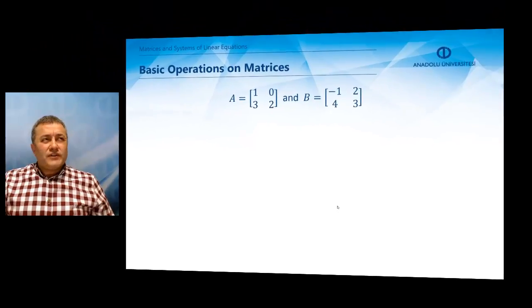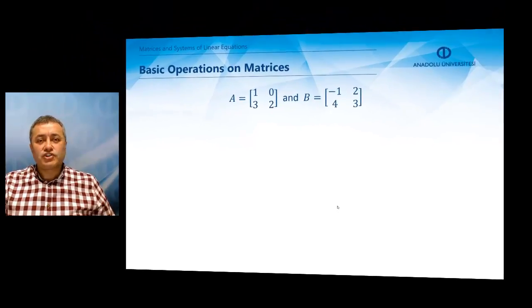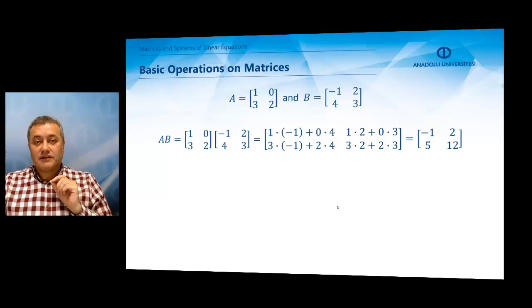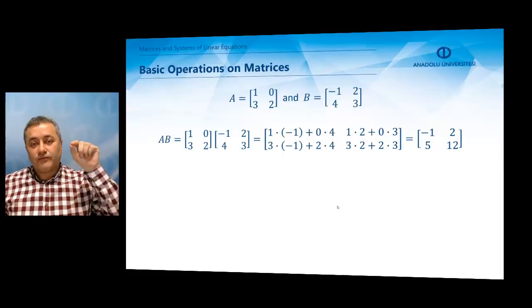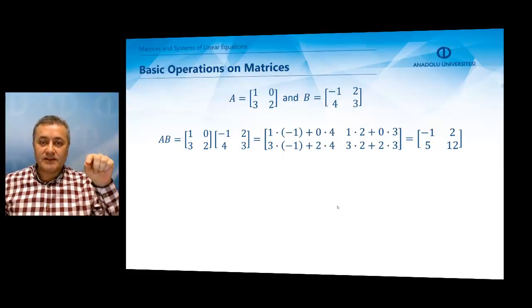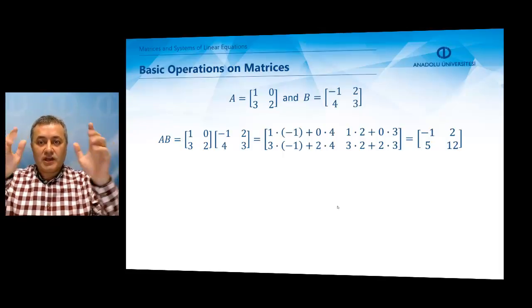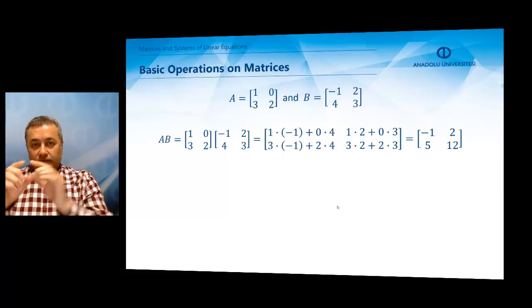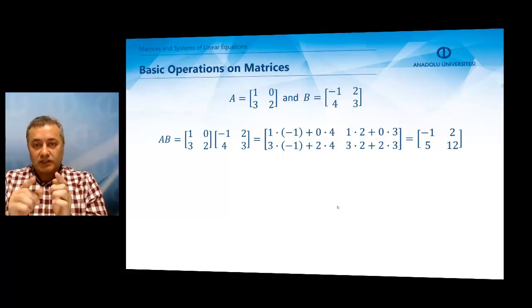Since we are going to deal with matrices which are 2 by 2 or at most 3 by 3, multiplication is not going to be a problem, and let us multiply these 2 matrices. Let's say the result is again a matrix called C, and the first entry of this C, as we said, is the multiplication of the first row of A by the first column of B. So let's do it. 1 times minus 1 plus 0 times 4 is minus 1.